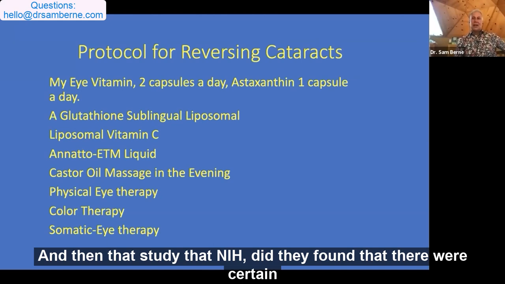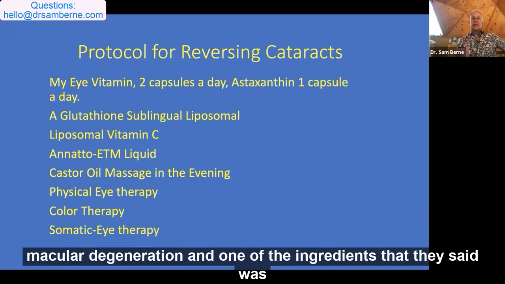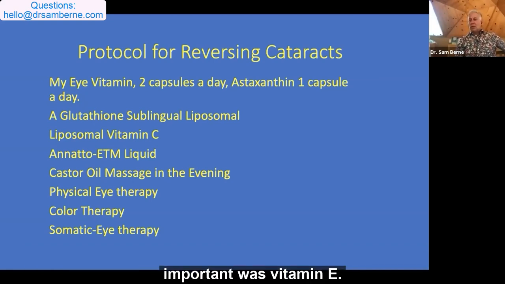In that study, they found that there were certain ingredients that helped reverse or reduce the risk of developing macular degeneration. And one of the ingredients they said was important was vitamin E.